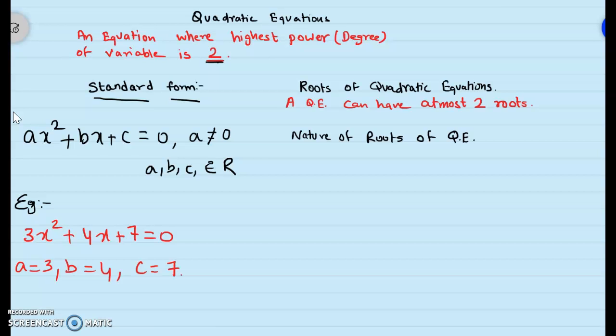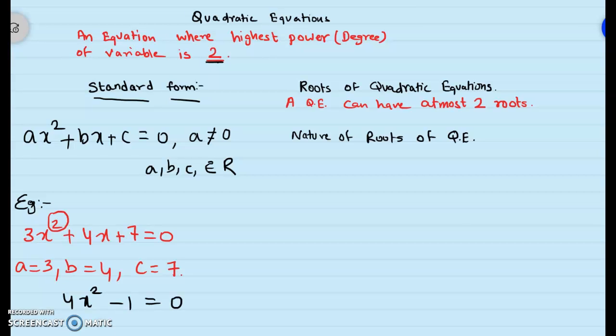So how do we recognize whether it is a quadratic equation or not? Very simple. The highest power of the variable x, or any variable, should be 2. To find the values of a, b and c, we just compare the equation with the standard form. Let's take one more example: 4x squared minus 1 equals 0.